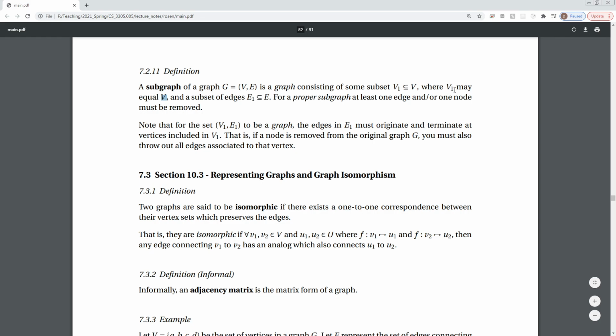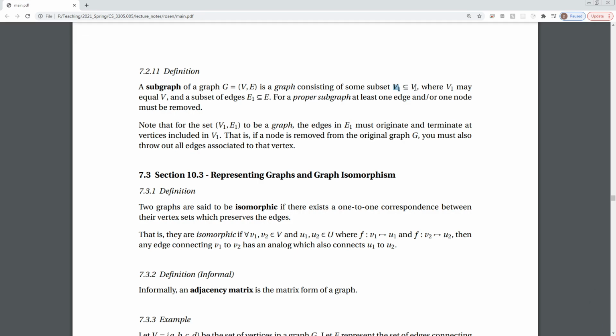Sometimes we restrict the edges to some subset of edges from that initial graph. And for a proper subgraph, at least one edge or one node must be removed. Proper subsets mean that one set is truly fully contained in a larger set, not greater than or equal to, but strictly greater than.